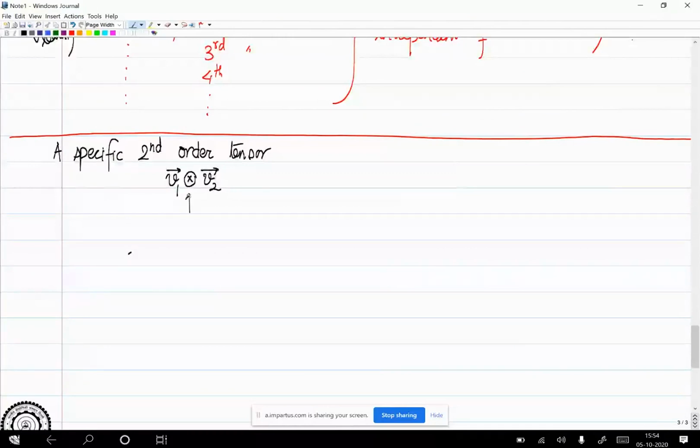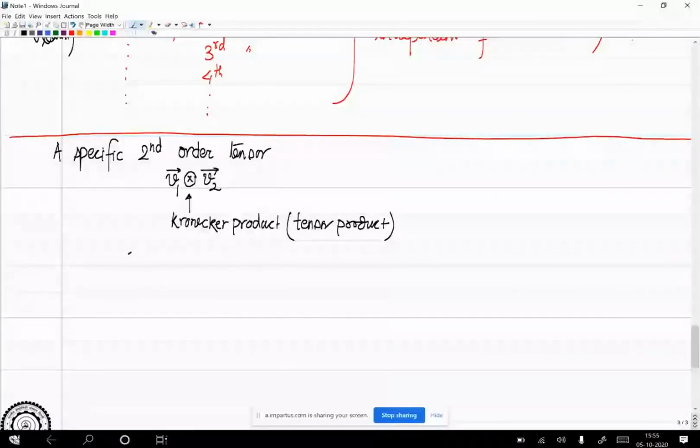And this is called Kronecker product, or what's also called tensor product. So this is a completely different operation. Till now we learned about dot product of two vectors or cross product of two vectors, but this is what is called tensor product of two vectors. So it's a new operation.